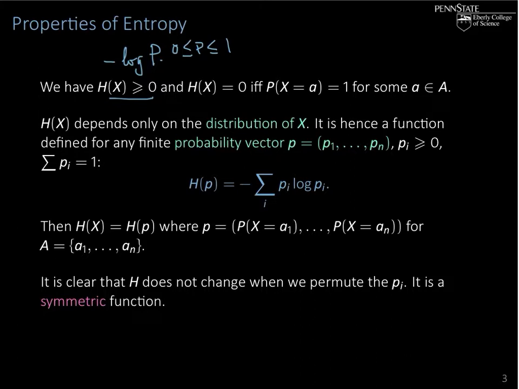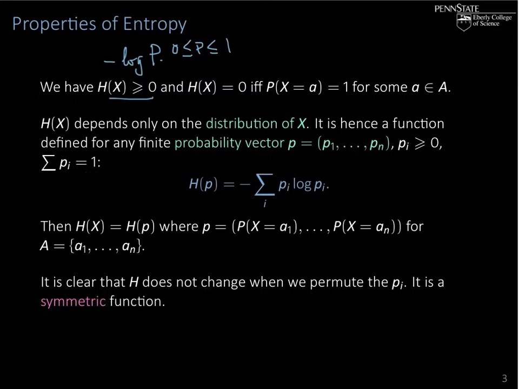Next, we observe that H depends only on the distribution of X. So it's a function of the distribution. It's a function that is defined for any finite probability vector P equals P1 up to Pn, where all the Pi's are non-negative and sum to 1.